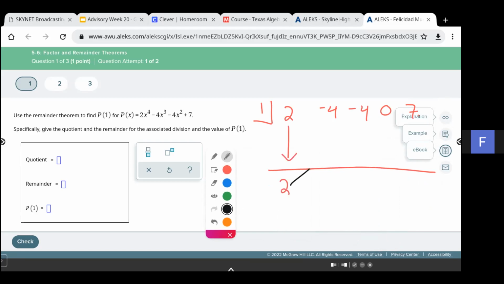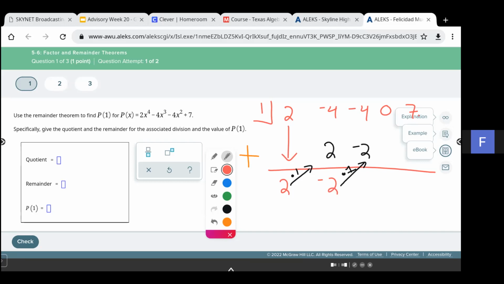Then we use our multiplier. I'm going to multiply by 1, and when I do that, I get 2. As a reminder, we are always adding in this row. So -4 plus 2 is -2. I multiply that by 1, and I get -2.